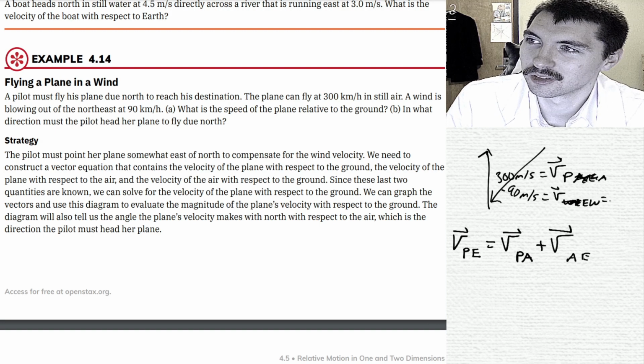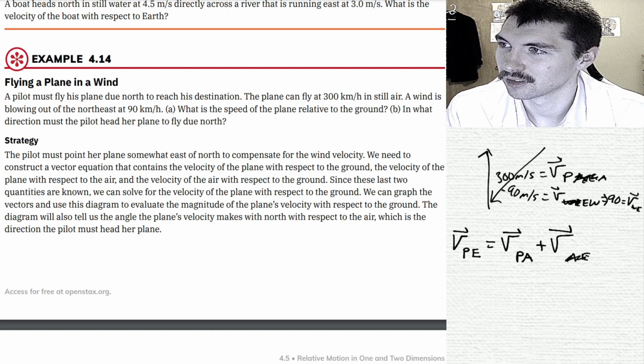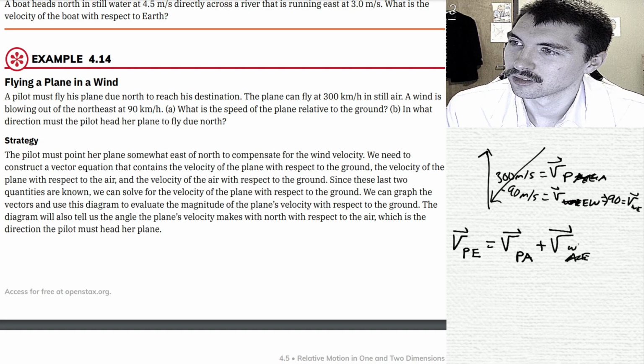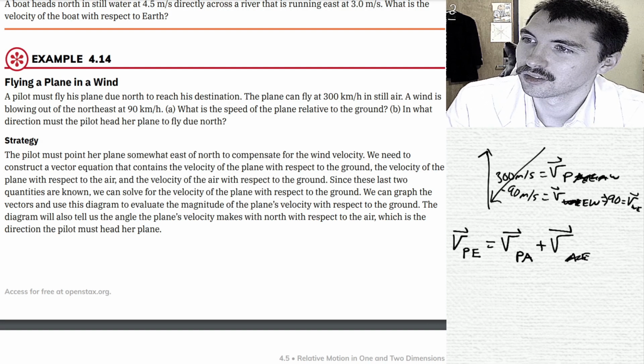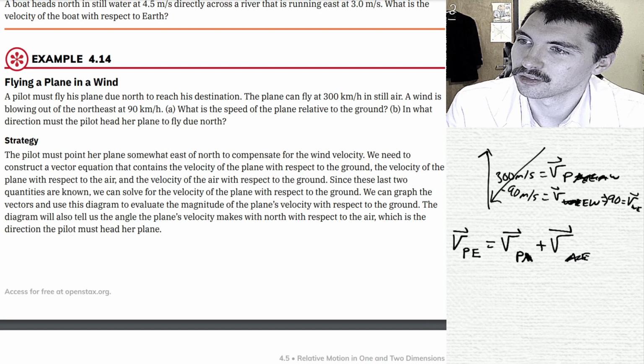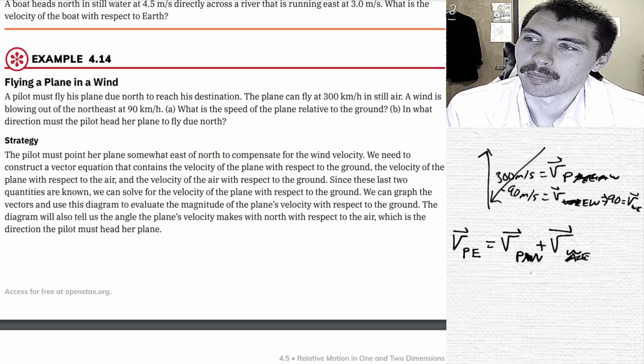So then we swap it, 90. I think that's what we have to do. So let's just change this to the wind. So let's say this is W. I'll rewrite it so it's clear.